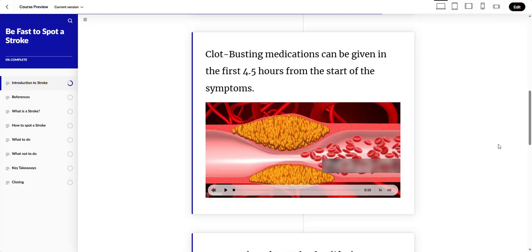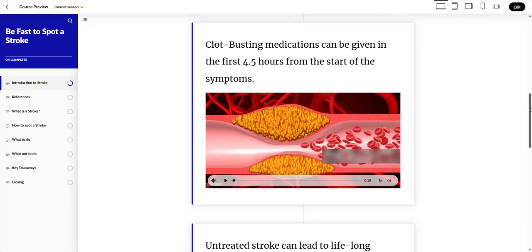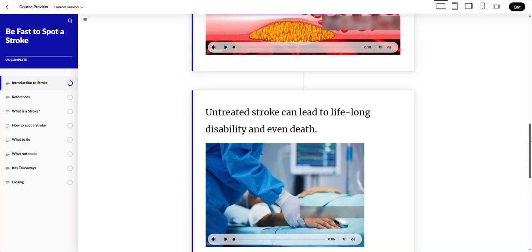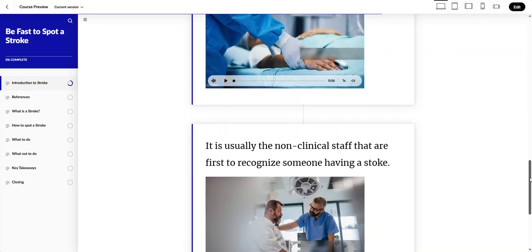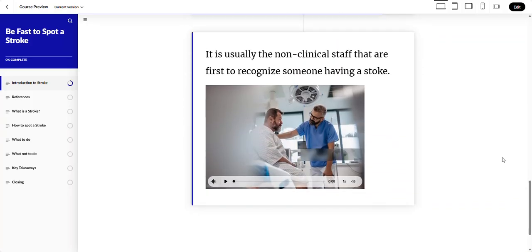Clot-busting medications can be given in the first 4.5 hours from the start of the symptoms. Untreated stroke can lead to lifelong disability and even death. It is usually the non-clinical staff that are first to recognize someone having a stroke.